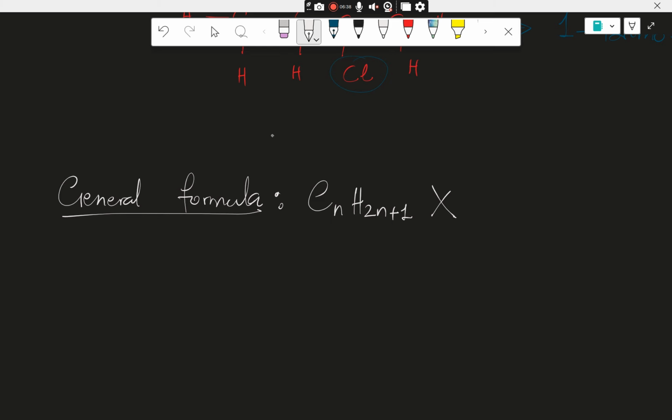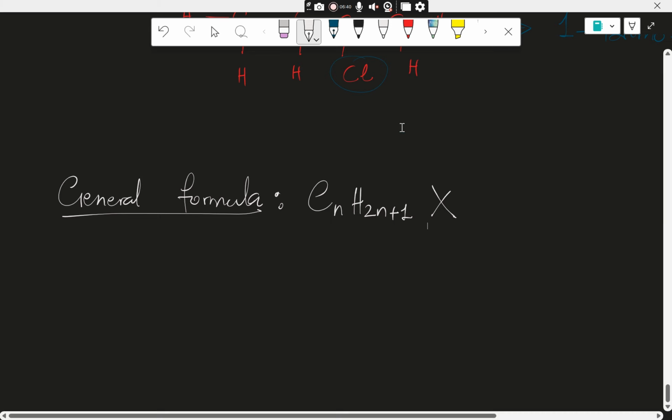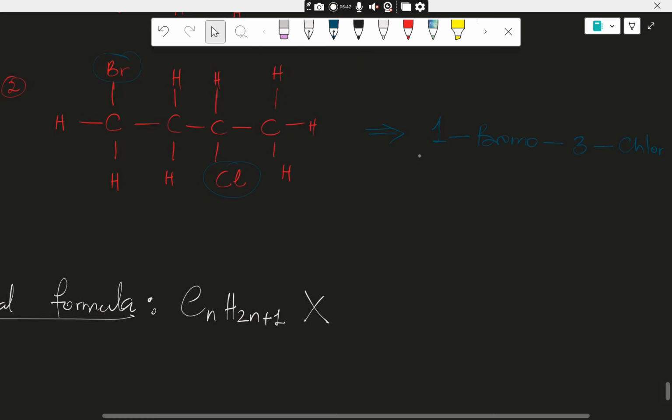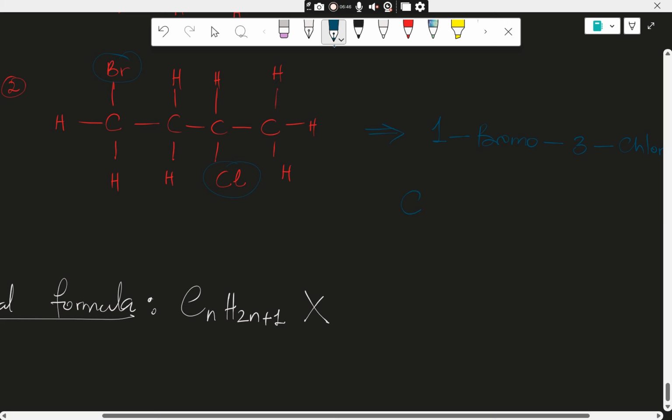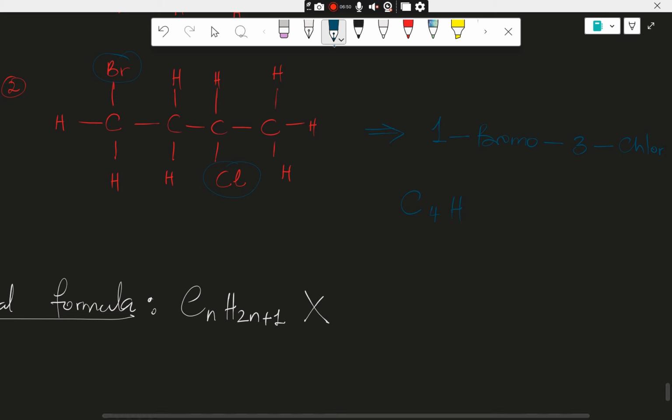What is it supposed to be? For this one you have 4 carbons, so C4H, and how many hydrogens do you have? You have 3, then 6, 8. That will be C4H8, and then you will have what?